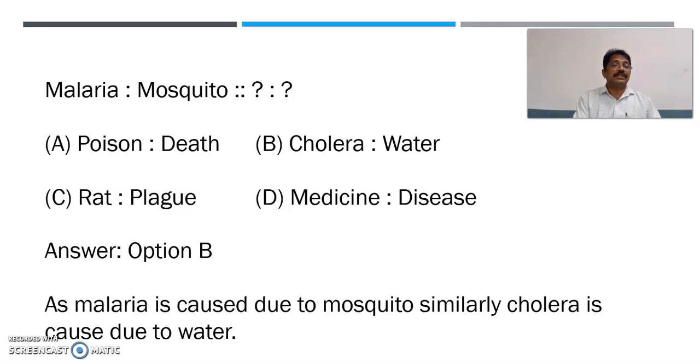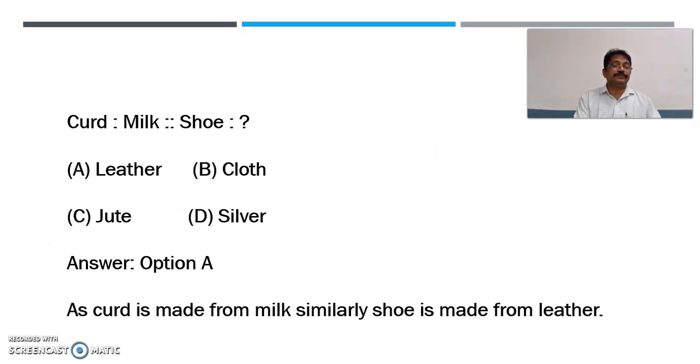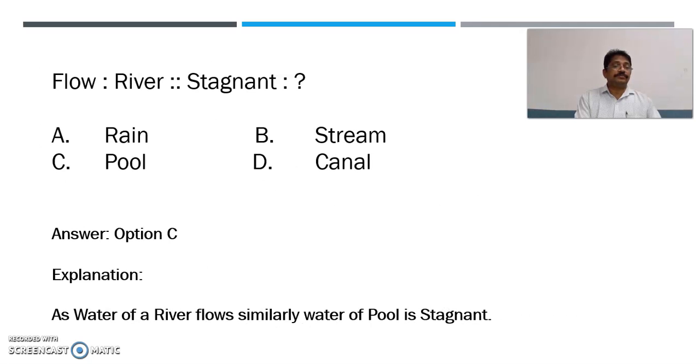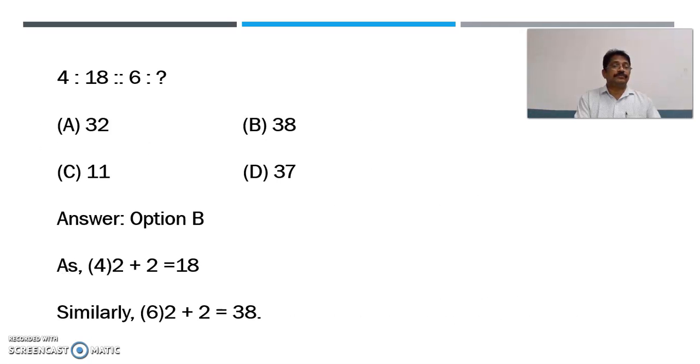Okay. Now go for the next question. 4, 18, 6. Which one comes next? The previous ones were different terms; now these are numericals. 4, 18, 6. Do you find any kind of relation between 4 and 18? 4 squared is 16, plus 2 is 18.